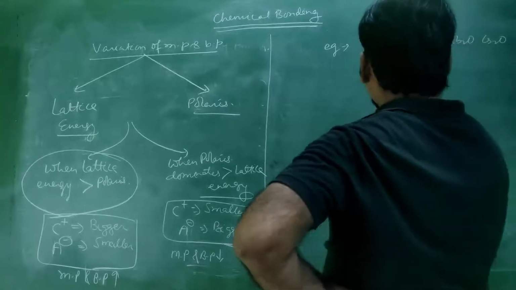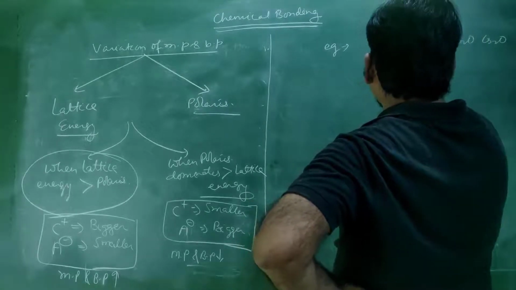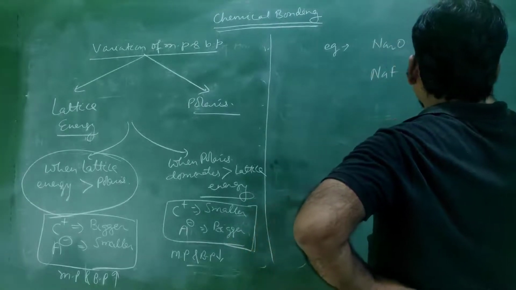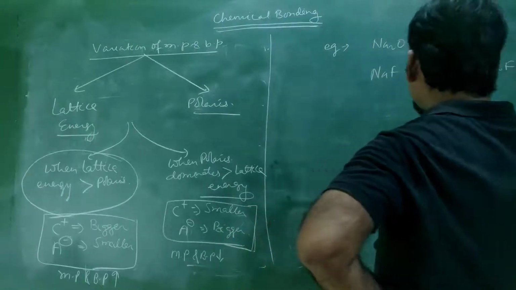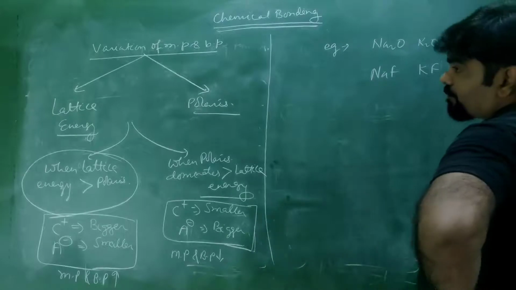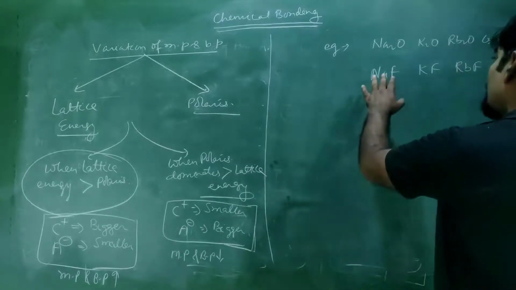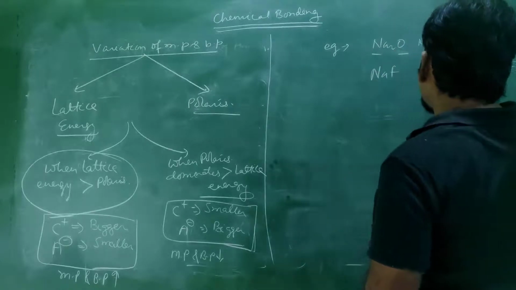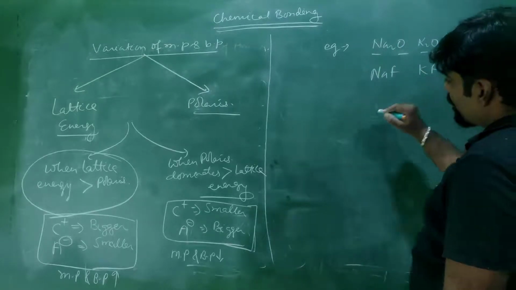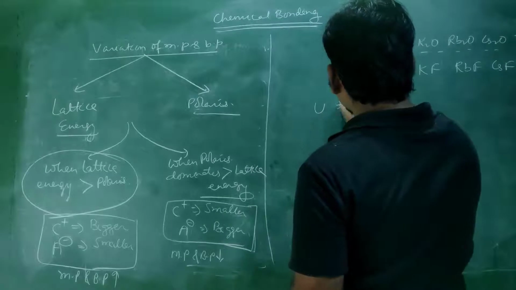We also have NaF, KF, RbF, CsF, etc. In this series, all have cation and anion, cation and anion. So lattice energy decreases down the series.